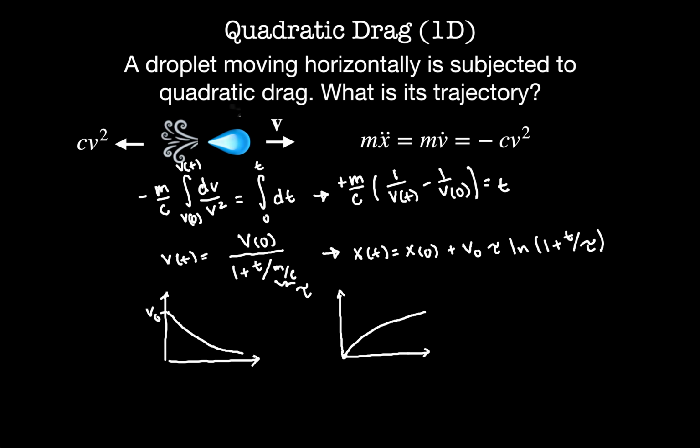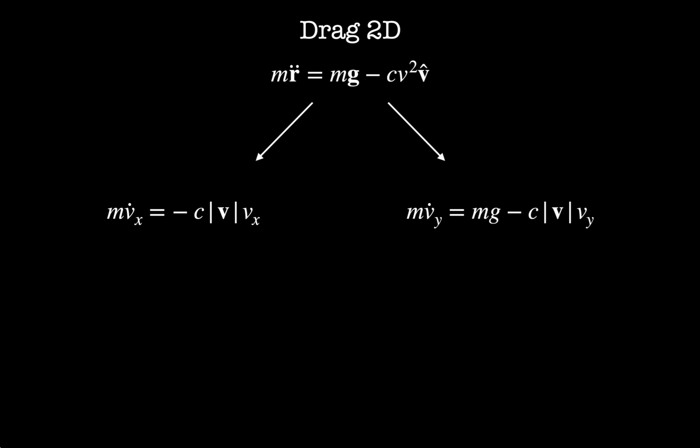So the last thing I wanted to mention very briefly is what happens with drag in 2D. So here's my generic equation. This is quadratic drag, but it doesn't have to be quadratic drag. It could be linear drag. The only important thing is that it does depend on some speed and some direction.